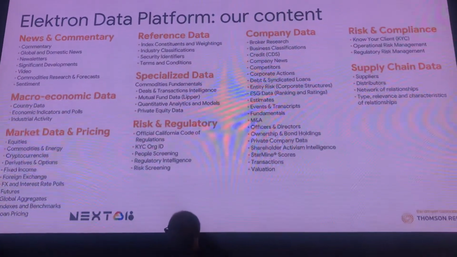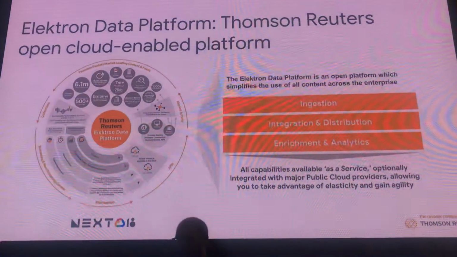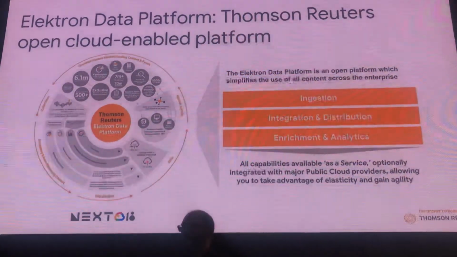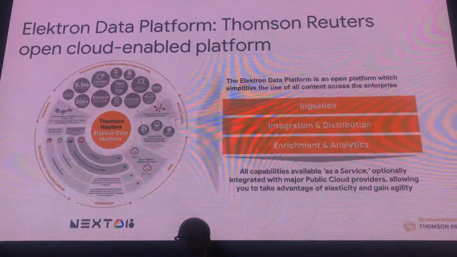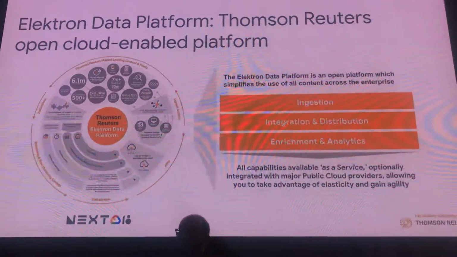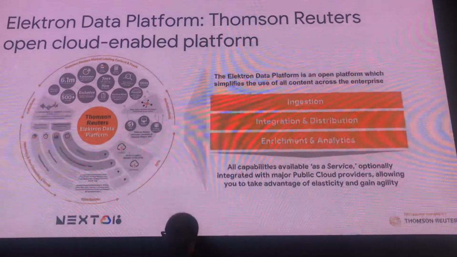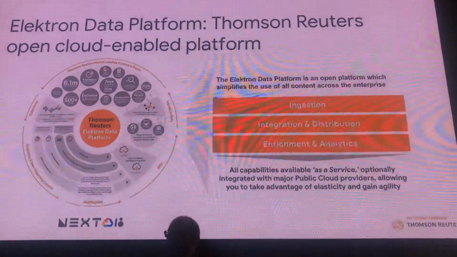Now, it's one thing to have all the data, though. How do we make that available to our clients? As I mentioned previously, we have the Electron Data Platform, which, again, is our journey that we're moving towards the cloud. Now, most of the data within the financial services industry functions in a cycle. Let me use an example to explain what that cycle actually represents with real-time data.